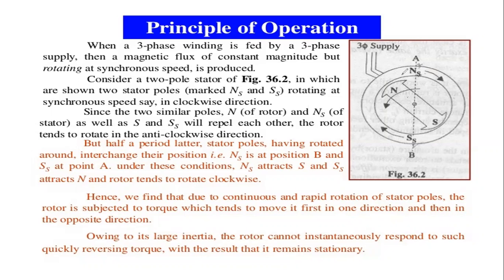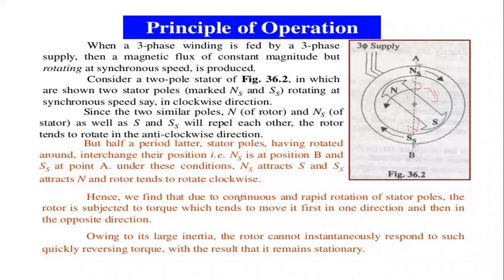In this situation, the two are different poles: S and NS, and SS and N. The two different poles are attracted to each other. Therefore, at this position the rotor rotates in the clockwise direction.